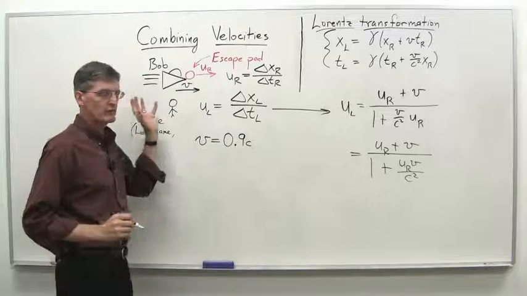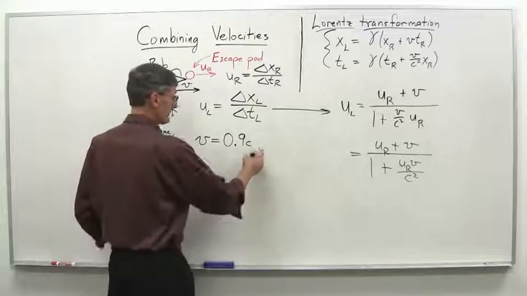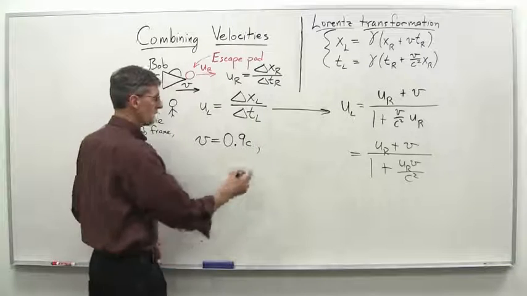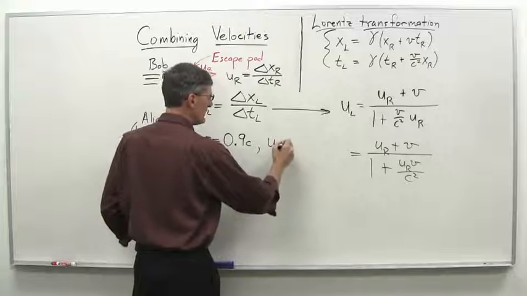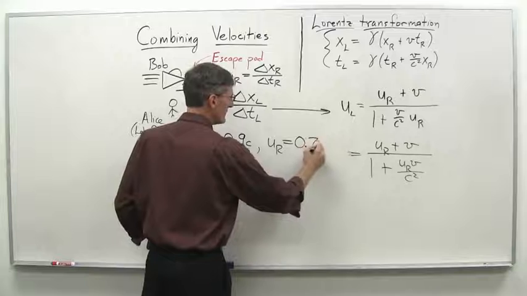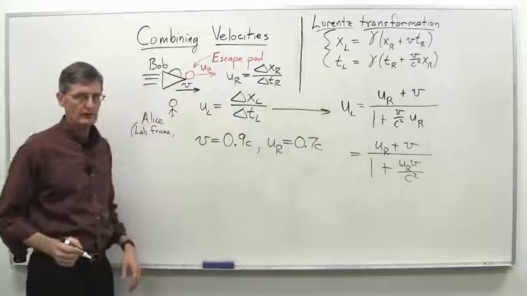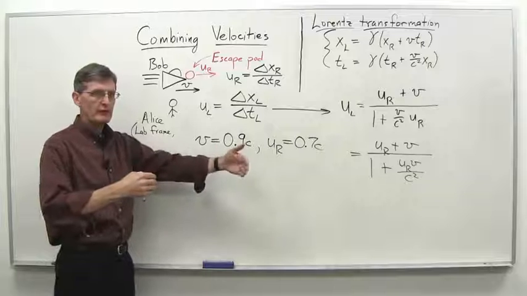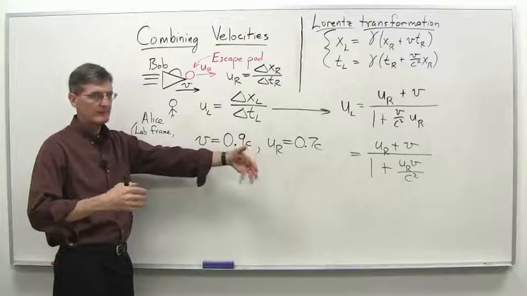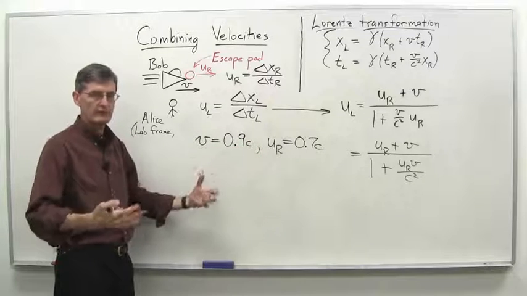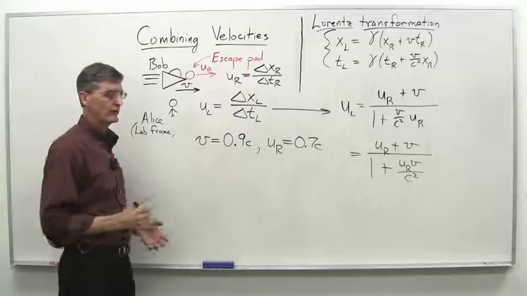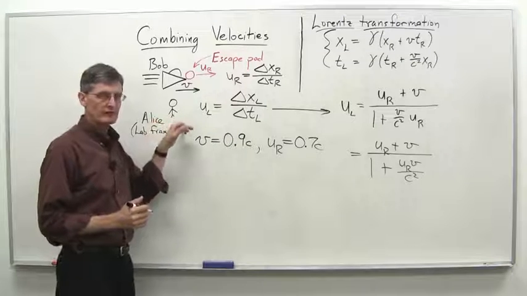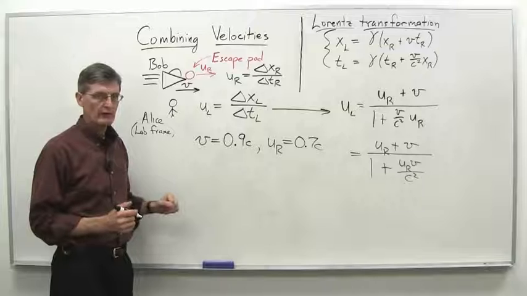And Bob has a super fancy escape pod as well as a super fancy ship, and he can shoot off his escape pod as he measures it at 0.7 c, 0.7 times the speed of light. So that means it's receding away from him at 7/10 the speed of light. Again, as far as he's concerned, he's stationary in his frame of reference. He sees the escape pod going out. So the question is, what does Alice see in terms of the velocity of the escape pod?